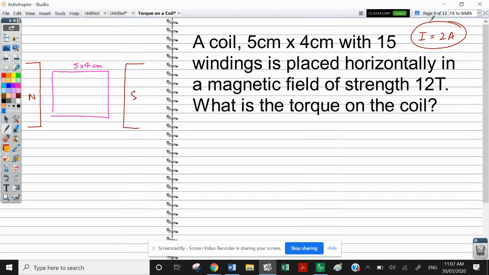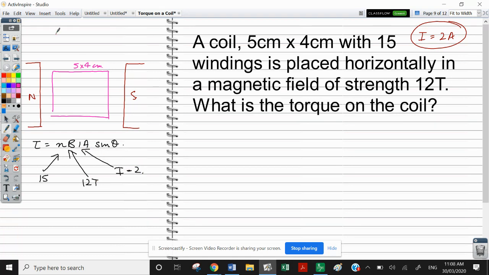And the field strength in this case is 12 Tesla. So T equals NBIA sine theta. We'll come to theta in a few seconds. Let's work out all the values so far. N is the number of windings, so 15. B is 12 Tesla. I is 2.